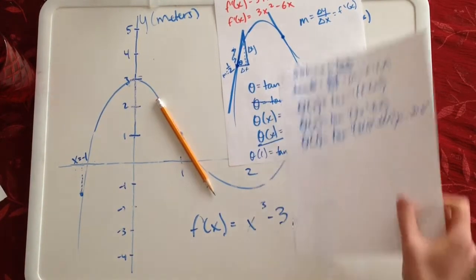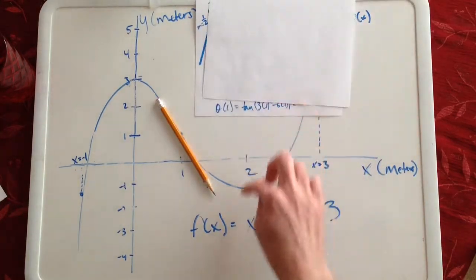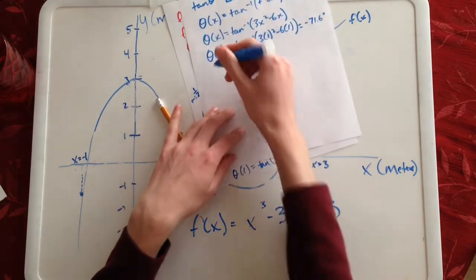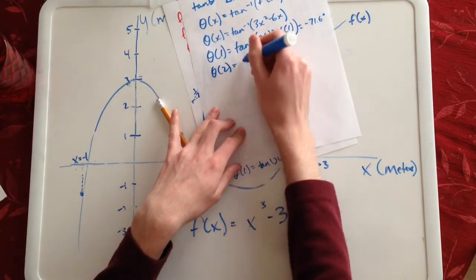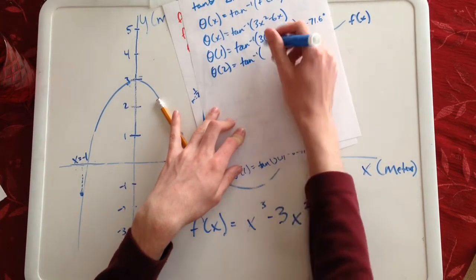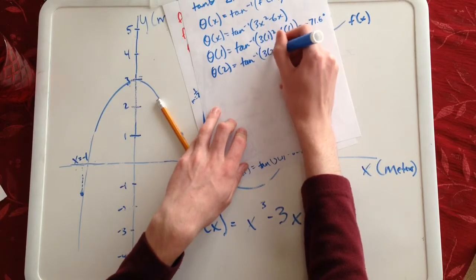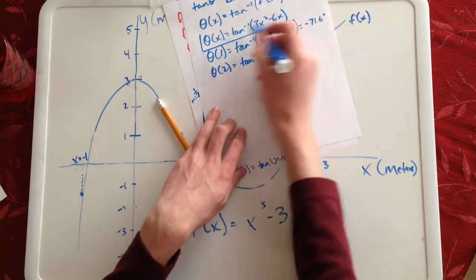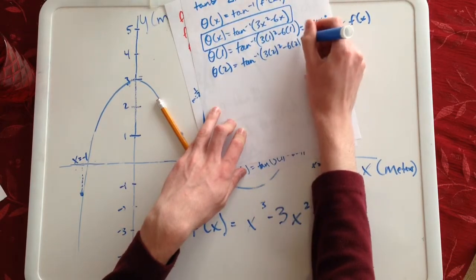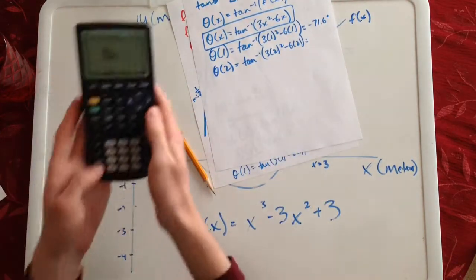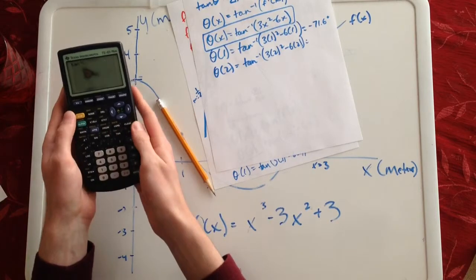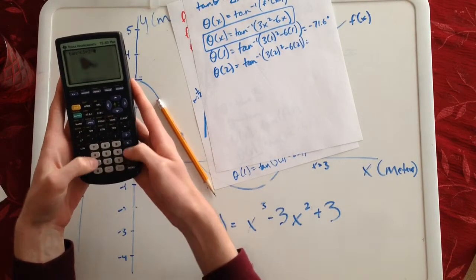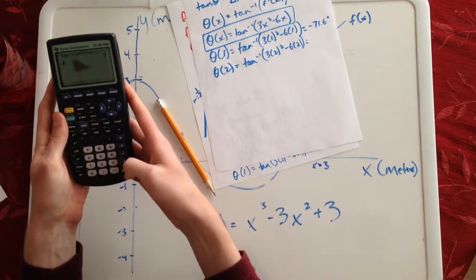Okay, we can do another one. Let's take it at 2. It looks pretty near to 0. Yeah, theta of 2 equals tangent inverse of 3 times 2 squared minus 6 times 2. I'm just using this equation that I made. Using my calculator again, that equals 0.